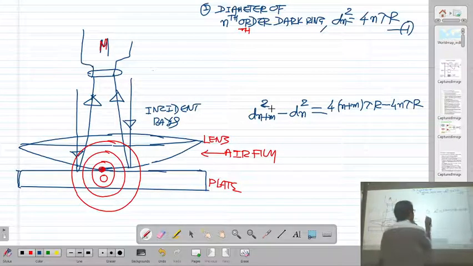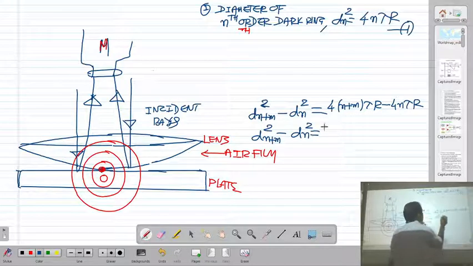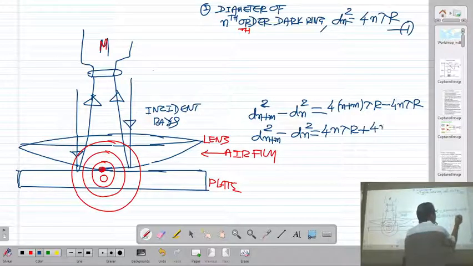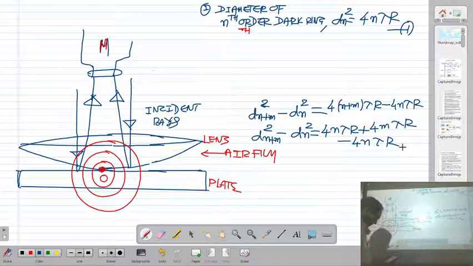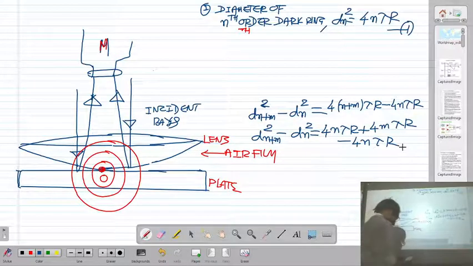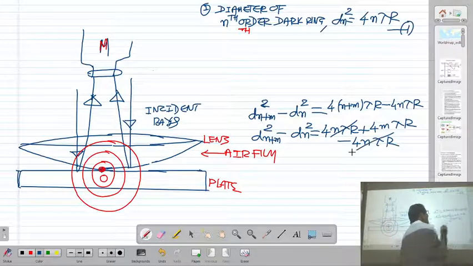So we will get D n plus m square minus Dn square is equal to 4n lambda r plus 4m lambda r minus 4n lambda r. Is it right? This 4n lambda r is cancelled.